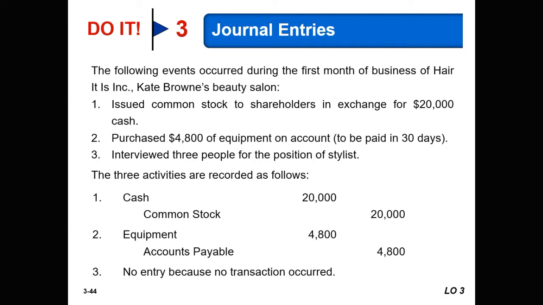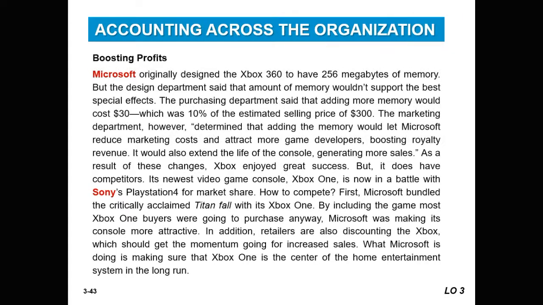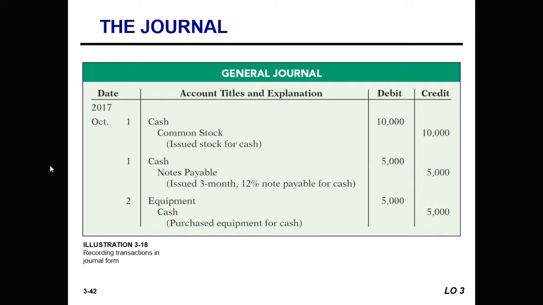So there's a couple of things that you really want to keep in mind when it comes to journaling. And I'm going to flip this back a little bit, so please bear with me, for us to look at the representation of the actual general journal.